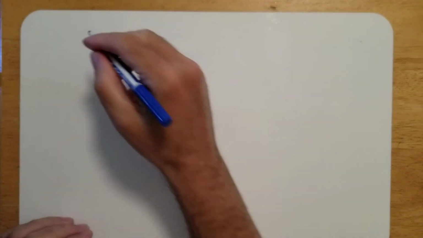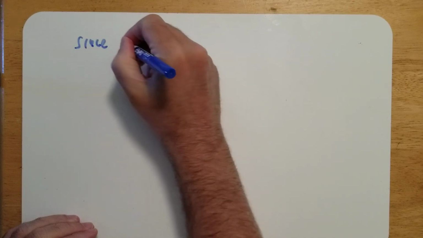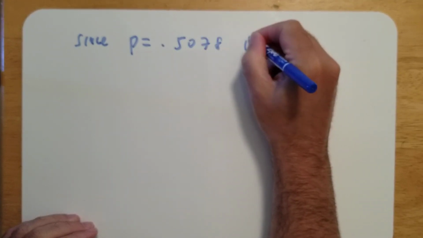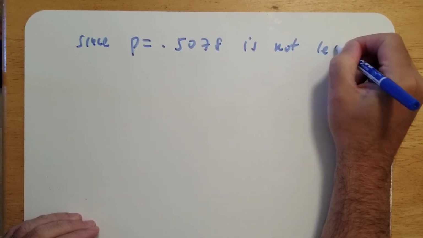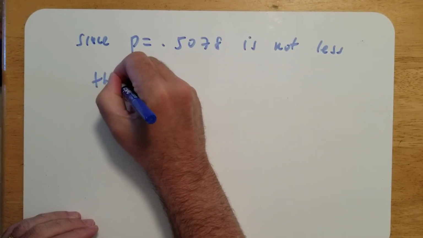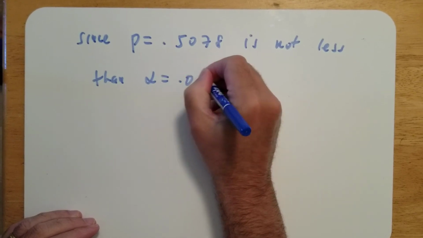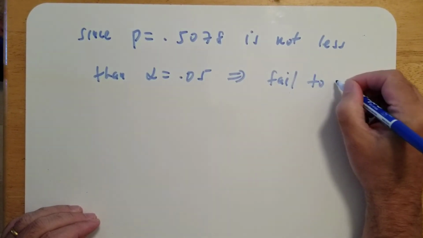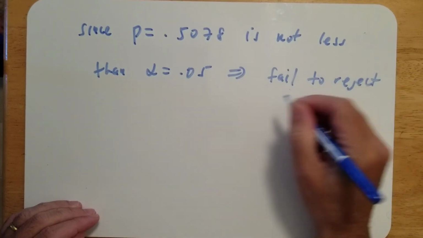And the conclusion is, since p equals 0.5078 is not less than alpha 0.05, that means we fail to reject H null.